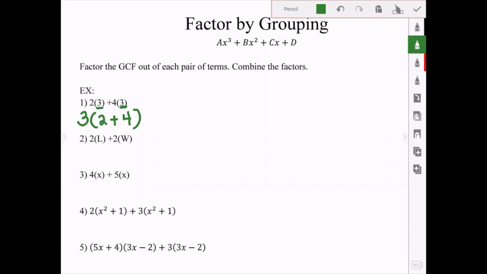Right? We can do the same thing with number 2. Look at what they have in common. We're going to bring it out front and write what we are left with, L plus W. If you notice, that is your perimeter formula. Number 3, we look at what they have in common, X and X. So we bring that out front and we're left with 4 plus 5.